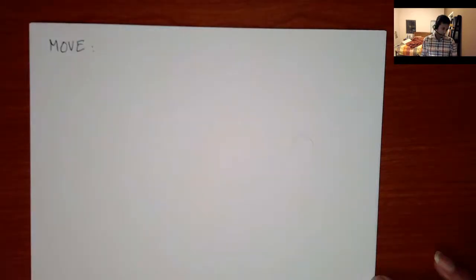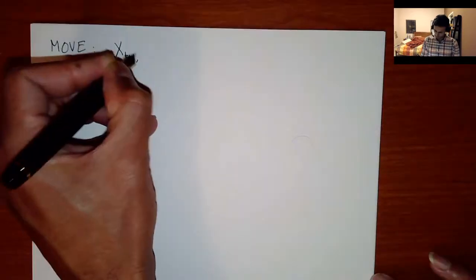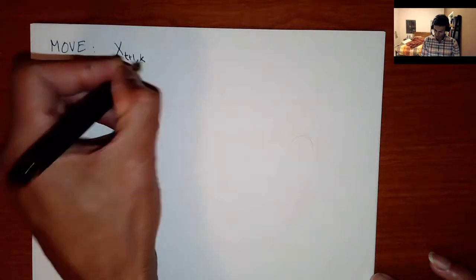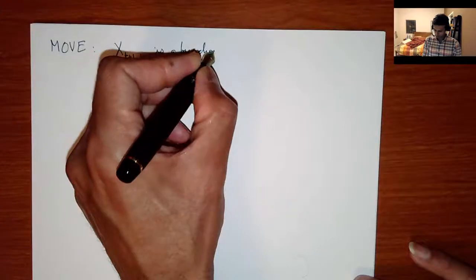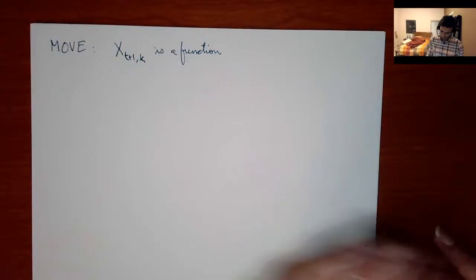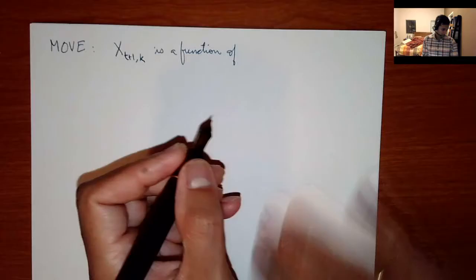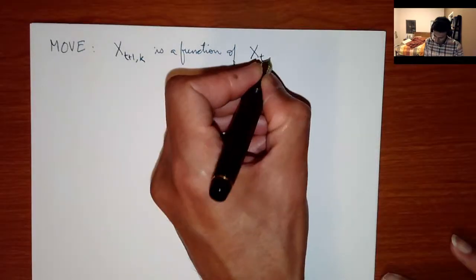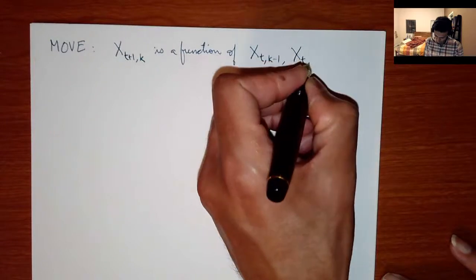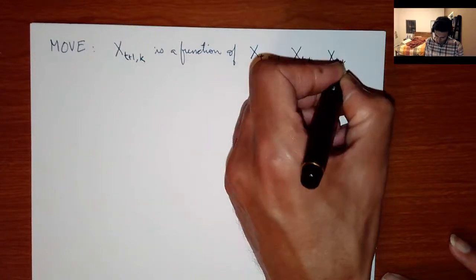Move says that x t plus 1 k is a function of x t k minus 1, x t k, and x t k plus 1.